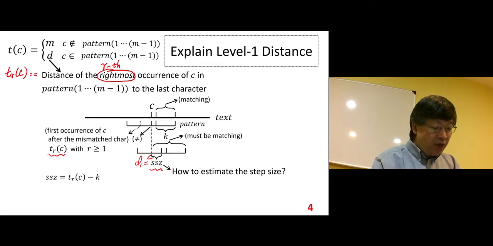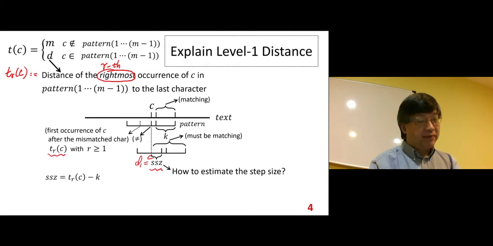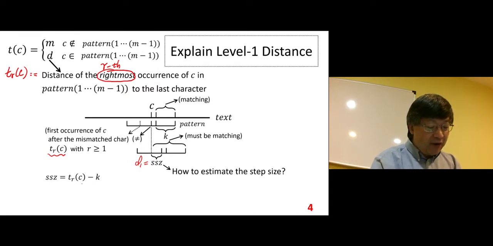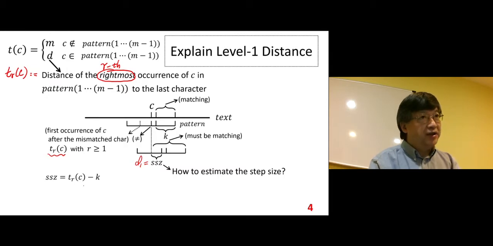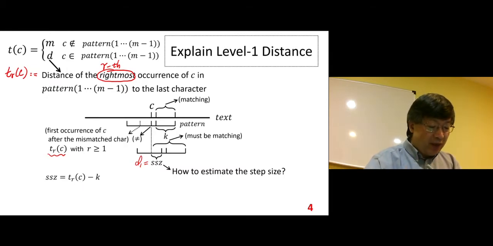Step size equals T sub R of C minus K. Why is that? Because T sub R of C, based on the definition, is the distance from the rth occurrence to the last character.